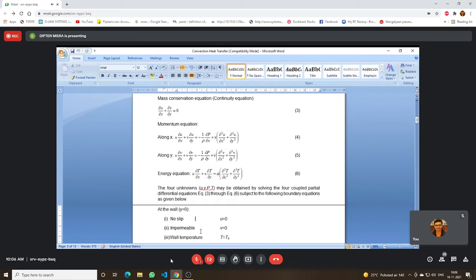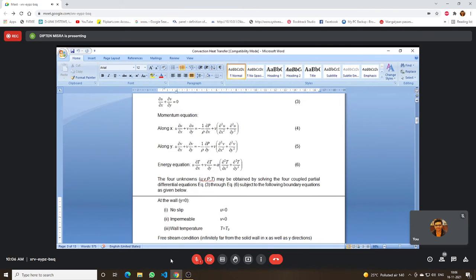That type of thing we are not considering. We are considering a solid, impermeable wall, across which there is no flow. So V, the velocity component along y, is also equal to 0. And the wall temperature is equal to the fluid temperature, given by T equal to T0. So that is one side of the boundary condition.